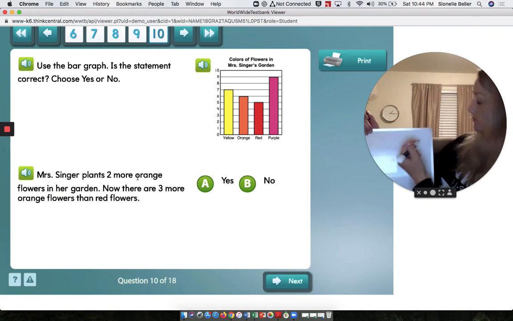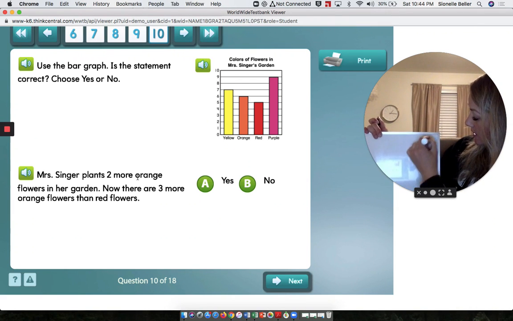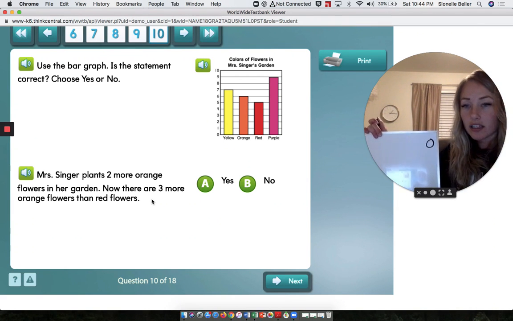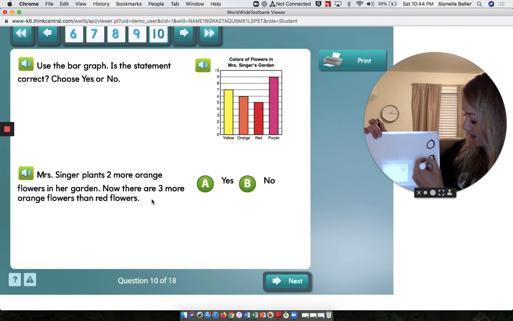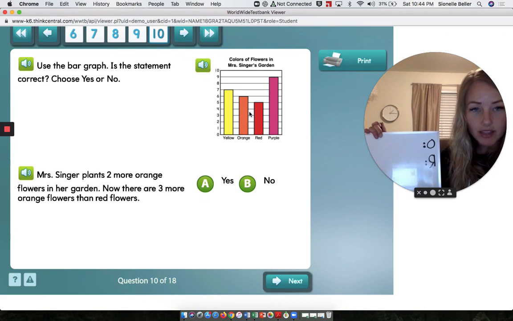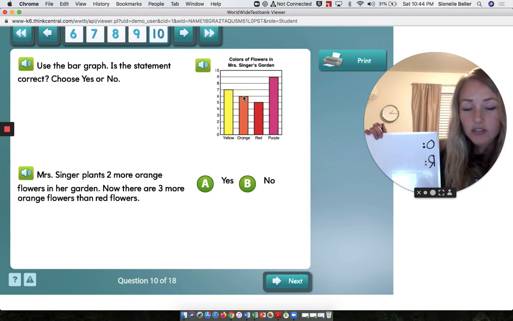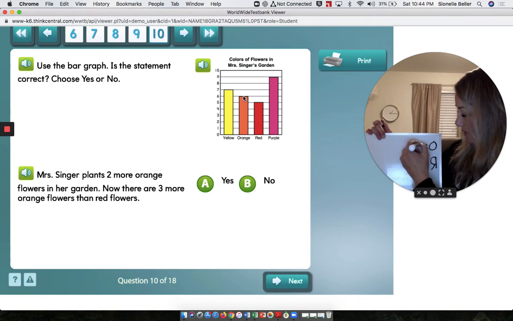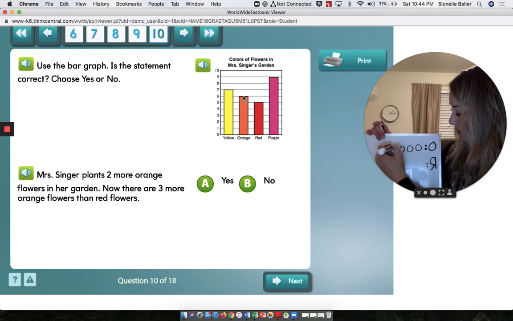Okay? Let's do our orange flowers here and our red flowers right underneath, because that's what we are comparing. Orange flowers versus red flowers, because it says orange flowers, red flowers. Okay? So let's just see what we start with. We start with 6 orange flowers. So we'll draw 6. 1, 2, 3, 4, 5, 6.